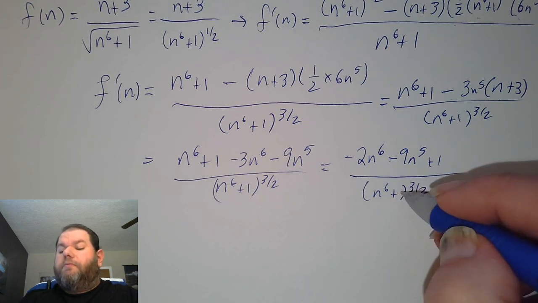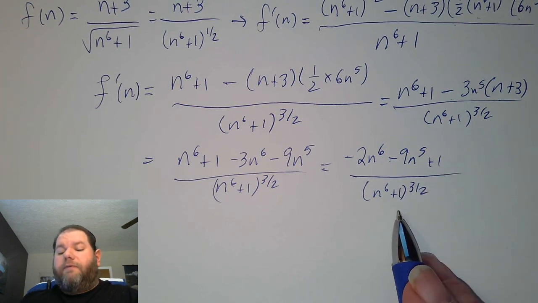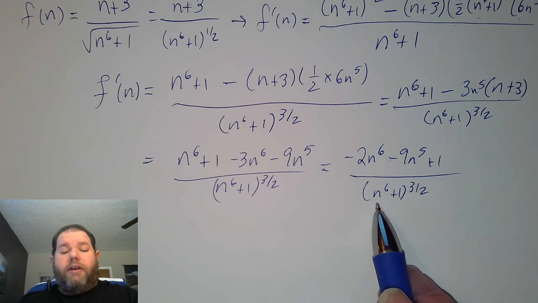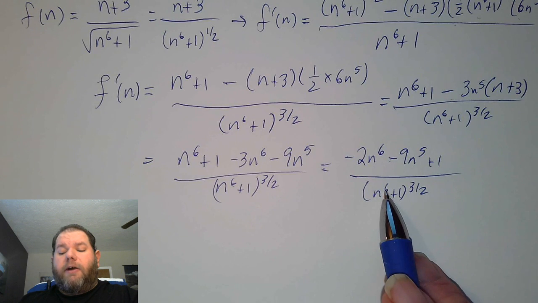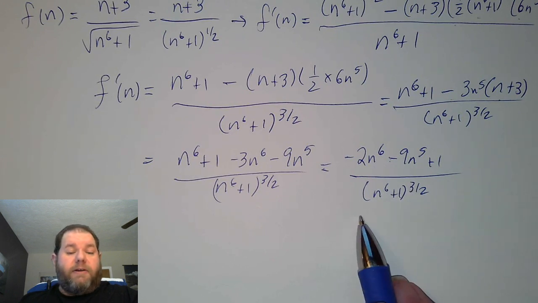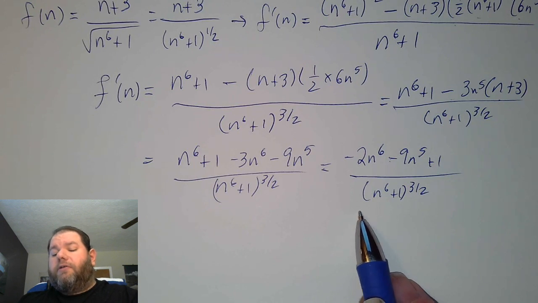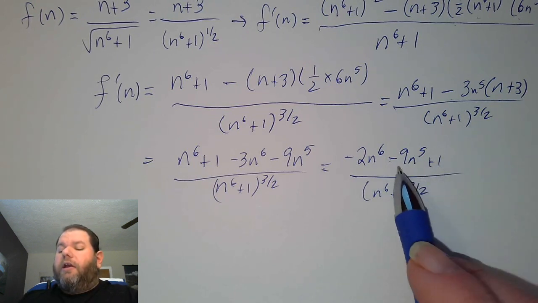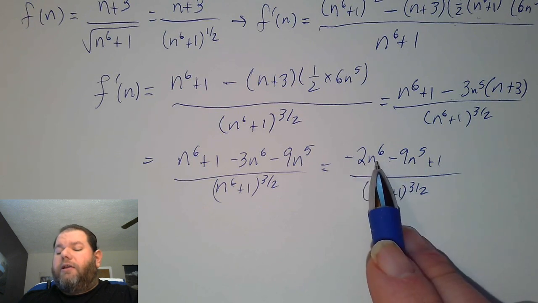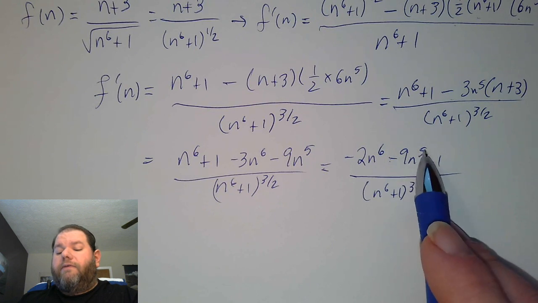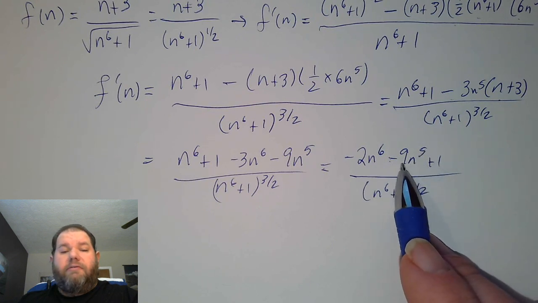Now, the denominator, we can be fairly confident that's a positive number, because if we take any number n, raise it to the 6th power, and add 1, it's still positive. Take a 3/2 root, still positive. Or 3/2 power, still positive, either way. And then n to the 6 is positive, times a negative is negative. n to the 5th is positive, times negative 9 is negative.